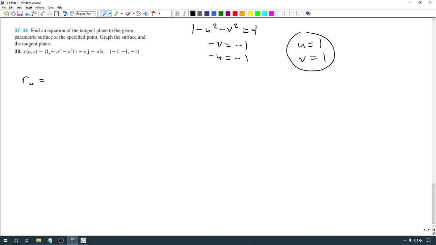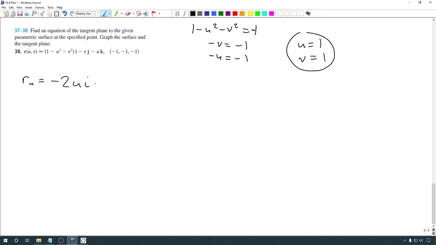R sub u: we differentiate each of these components with respect to u. The first one, the 1 goes away, the v squared goes away. The derivative of negative u squared is -2u. That's our i component. There's no u in the j component, so we can leave that out, or you could put plus 0j if you want to.